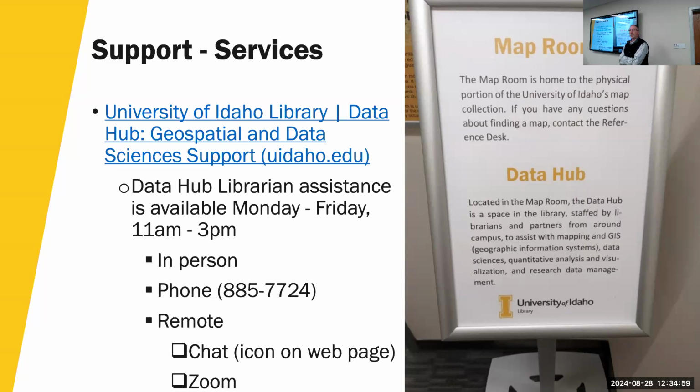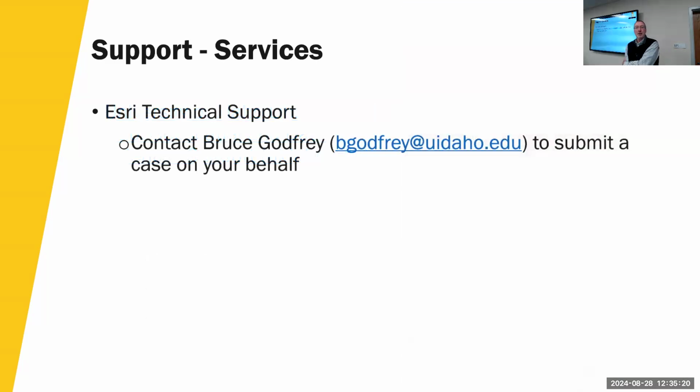If you want to set up a special time to sit down or visit virtually, we can do that, or you just pop in, between 11 and 3 virtually or in person, and come by and talk data. Hopefully it'll be helpful. So that's our space here in the library, and how you get in touch with us.